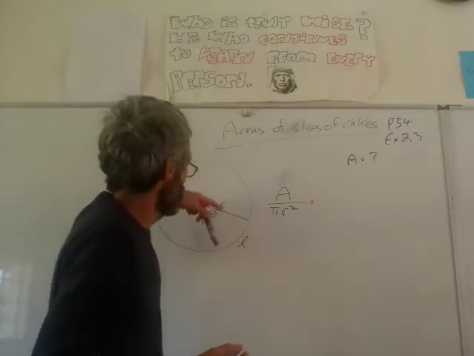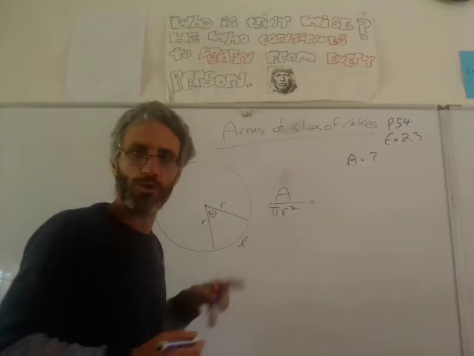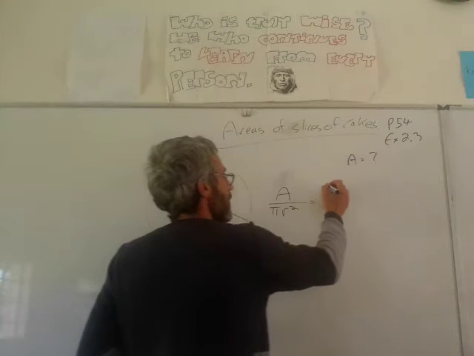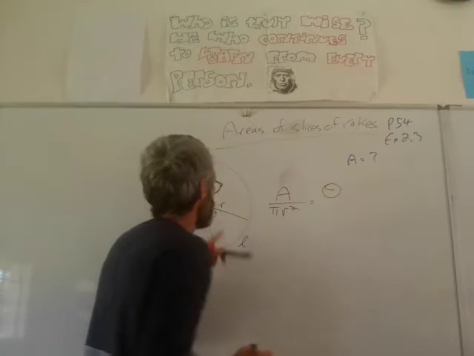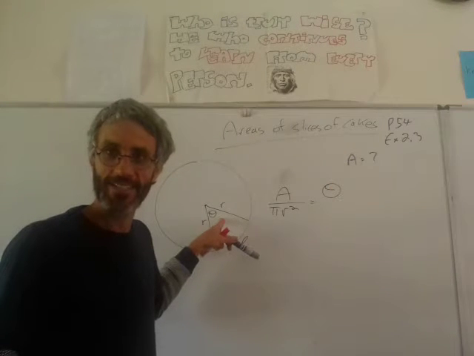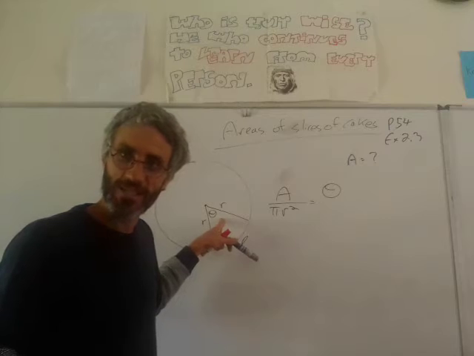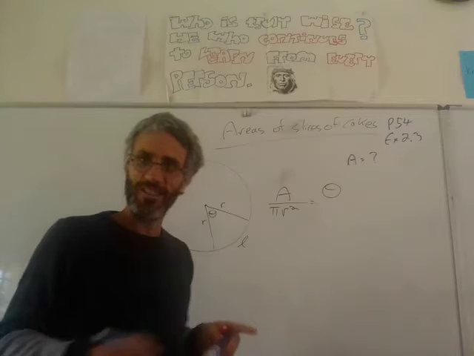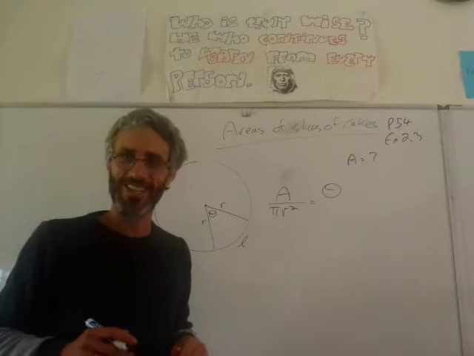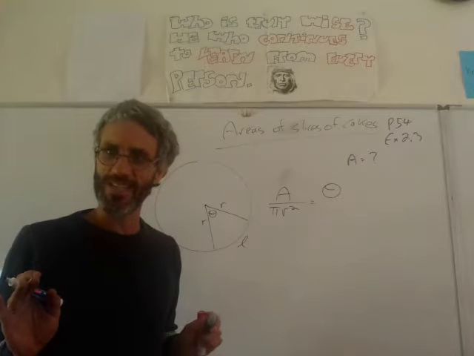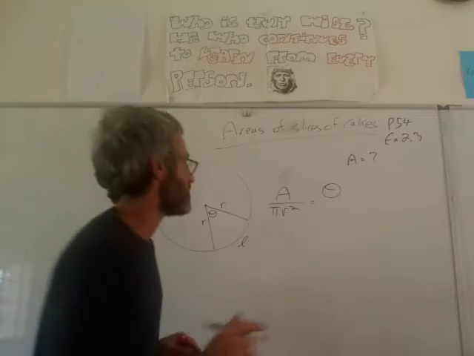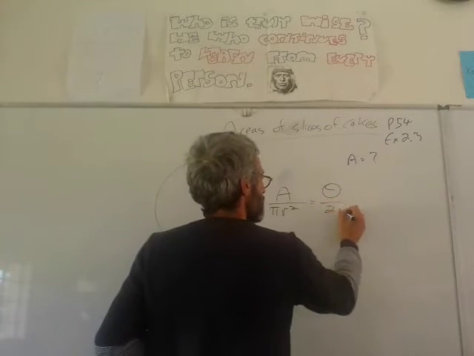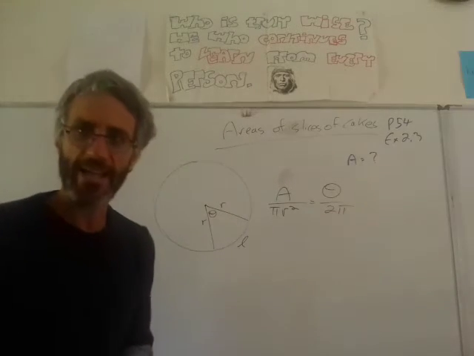It's the same ratio as the angle of this slice divided by the angle of the whole cake. Normally you'd say 360, but we're working with radians. So how many radians in the full circle? 2 pi.